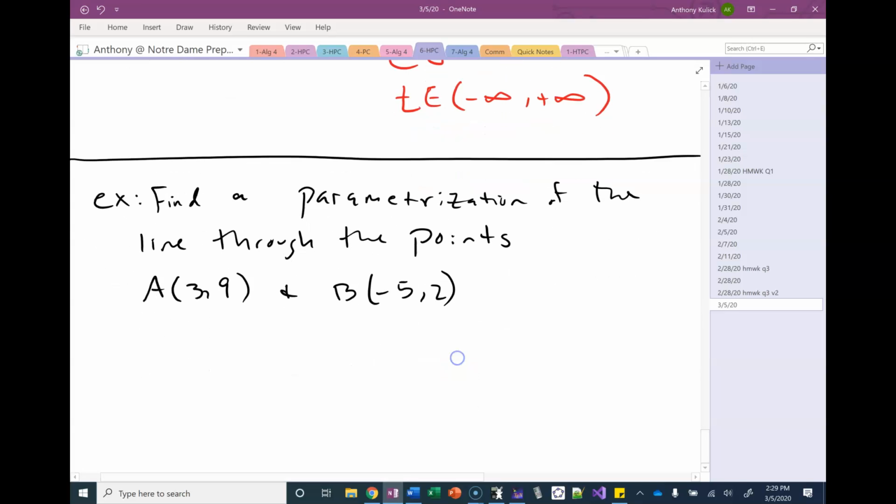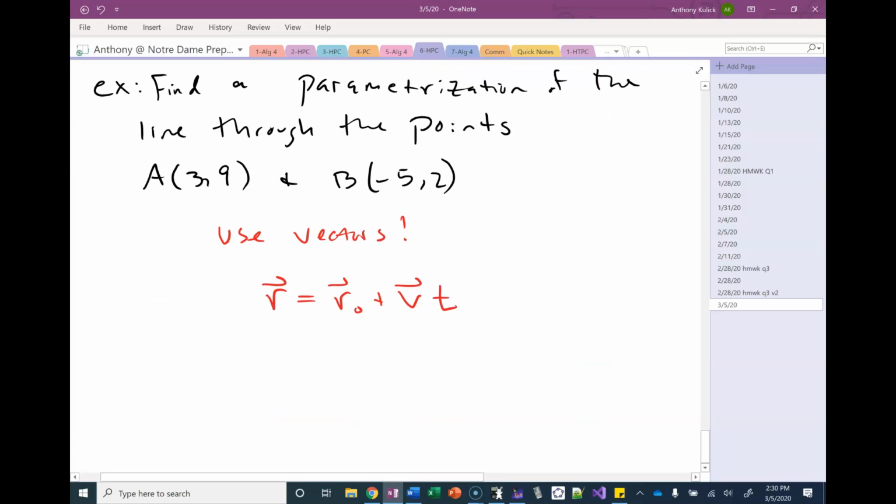What I'm going to use is my vector equation. So remember our vector equation for a line was this, right? Everybody kind of remember that? What was r sub 0?